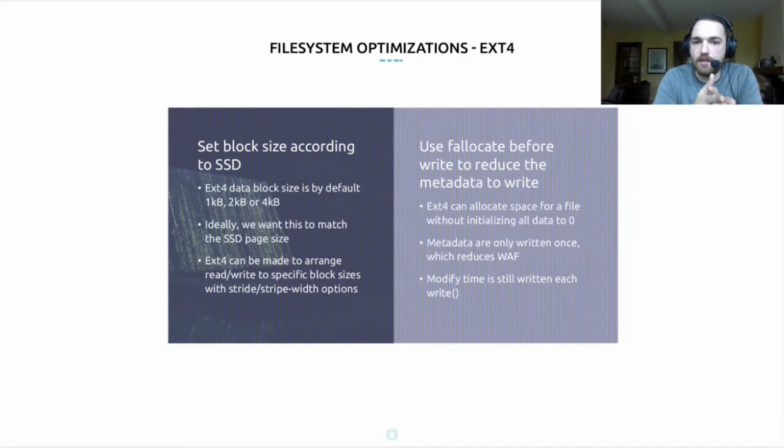The data is not initialized to 0, so you don't have many more write operations. And then you just write to this file, which means the only metadata that will be written again will be the modified time, if you disable the access time. So you reduce a lot the quantity of metadata you write and thus increase the SSD life.